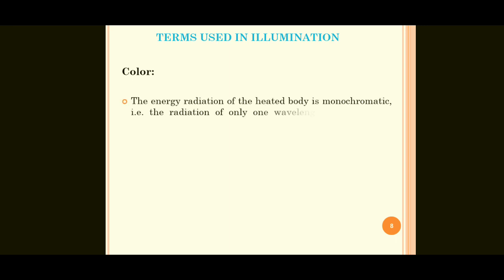So the terms used in illumination, color: the energy radiation of the heated body is monochromatic, that is, the radiation of only one wavelength emits a specific color.